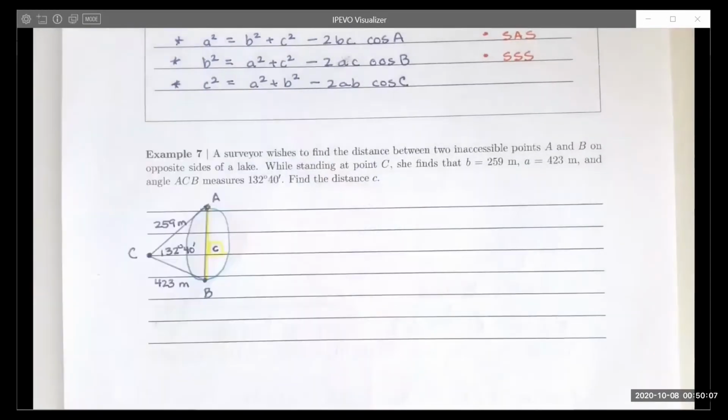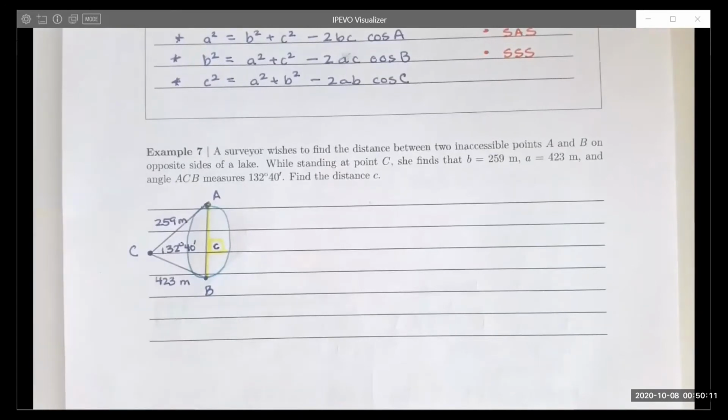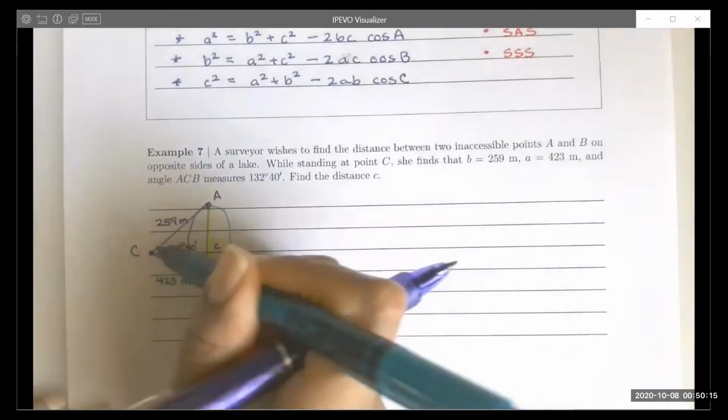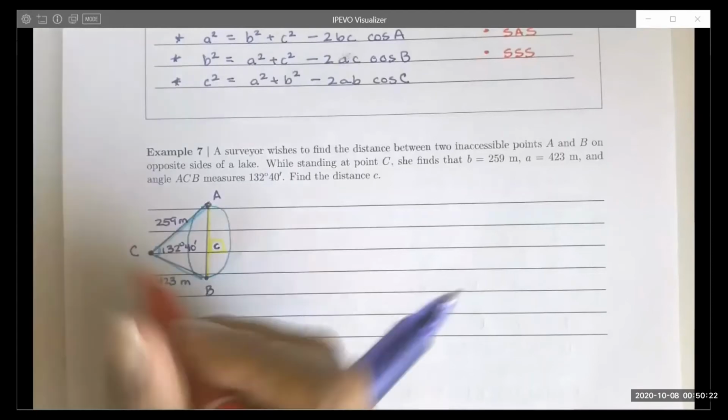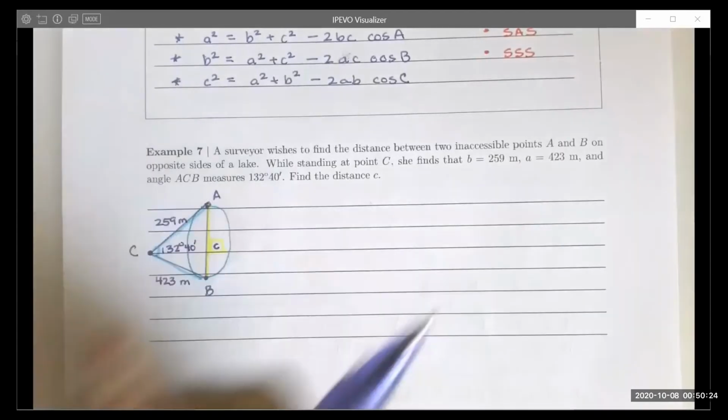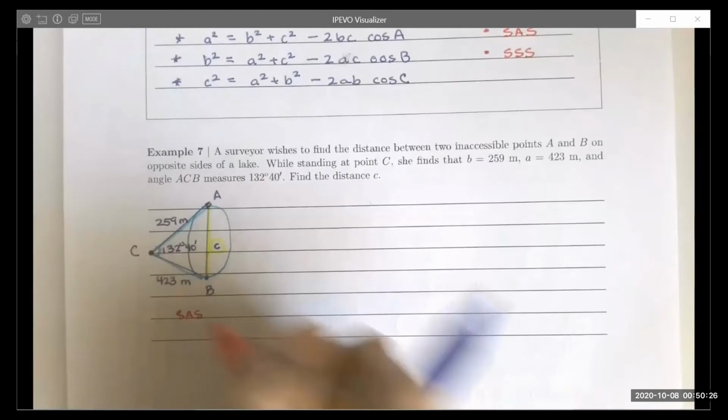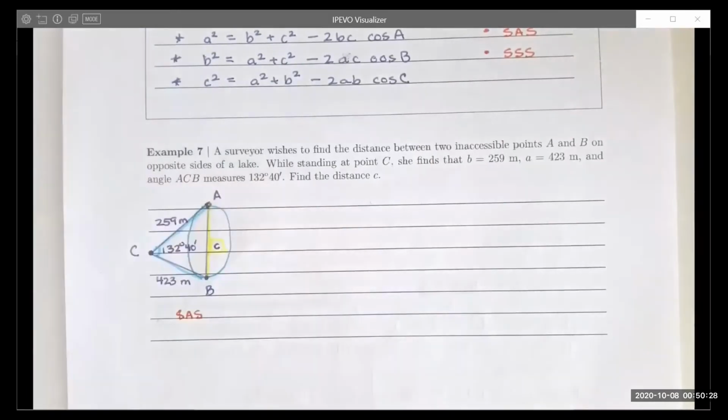All right, so let's see, what case are we in? What information is given? Well, we have the side, we have the angle, and then we have the other side of that angle. So that means that we're in the case side angle side, which calls for law of cosines.